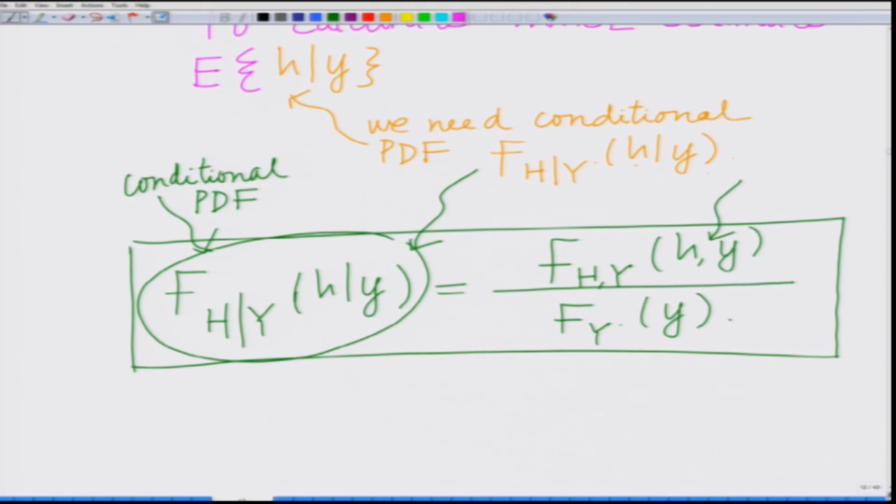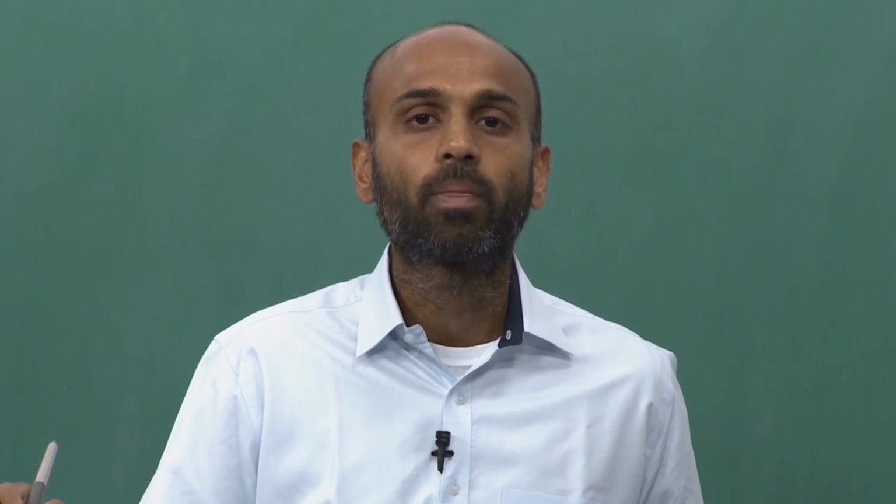This is the joint PDF of h comma y, and this is the marginal PDF of your observation y. So, we can compute the conditional PDF of the parameter h given the observation y from the joint probability density function of h comma y divided by the marginal probability density function of y. All right. So, we need to compute each of these components.